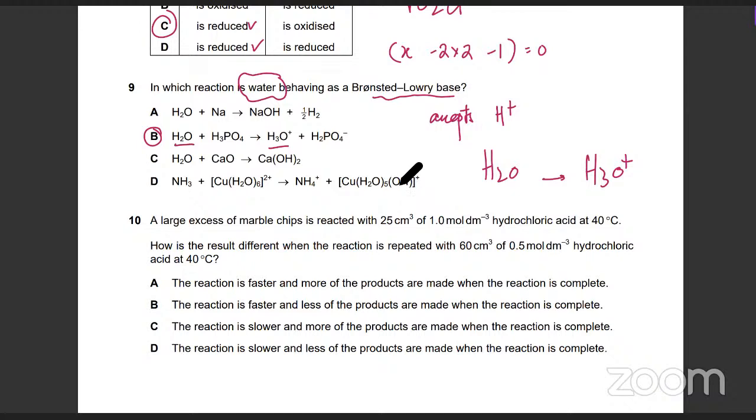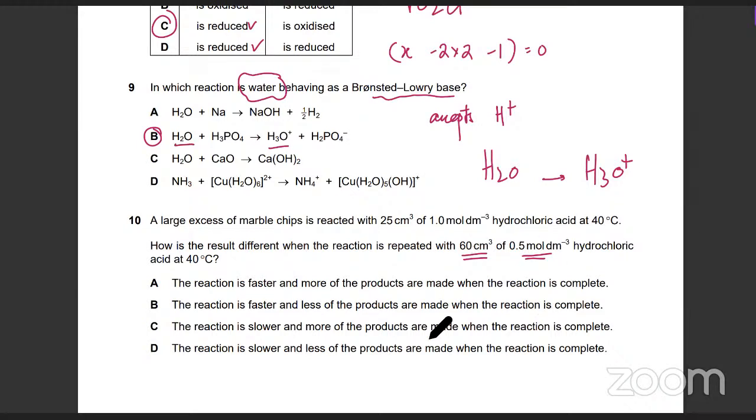The next one: a large excess of marble chips with 25 cm³ of 0.1 mol per dm³ hydrochloric acid at 40 °C. How is the result different when the reaction is repeated? He's using a larger volume and a lower concentration at the same temperature.